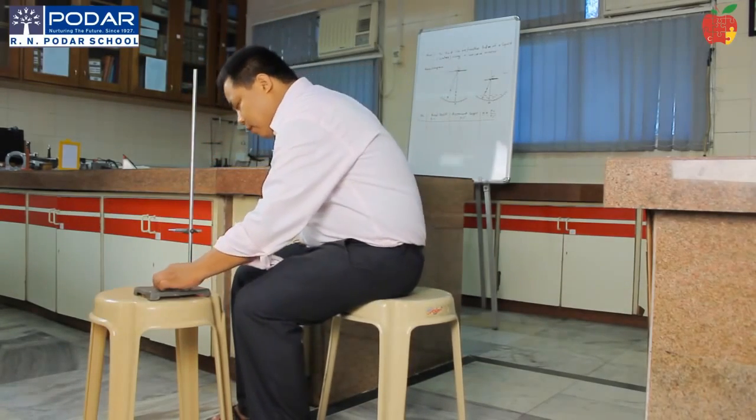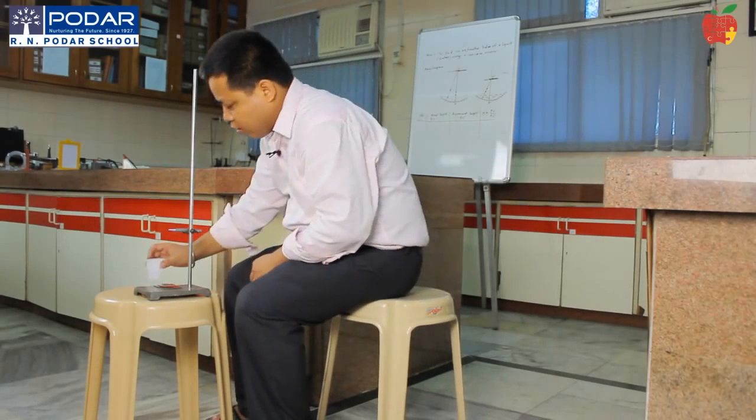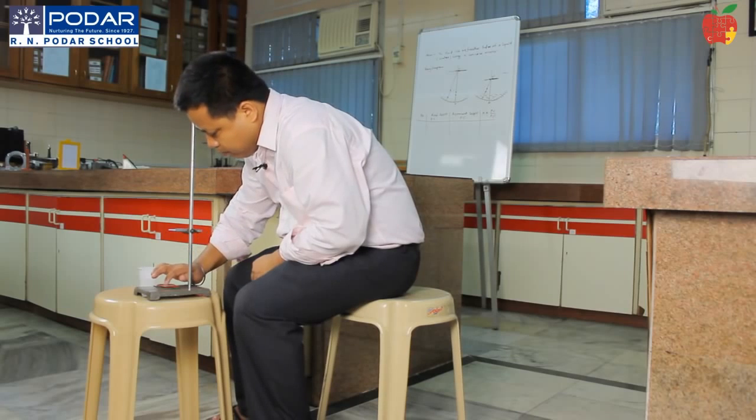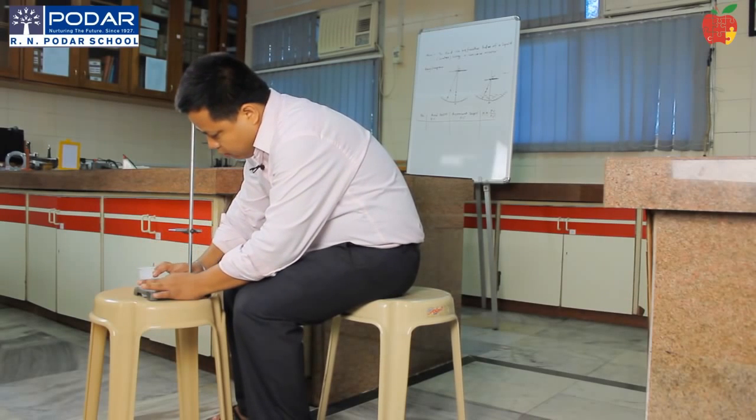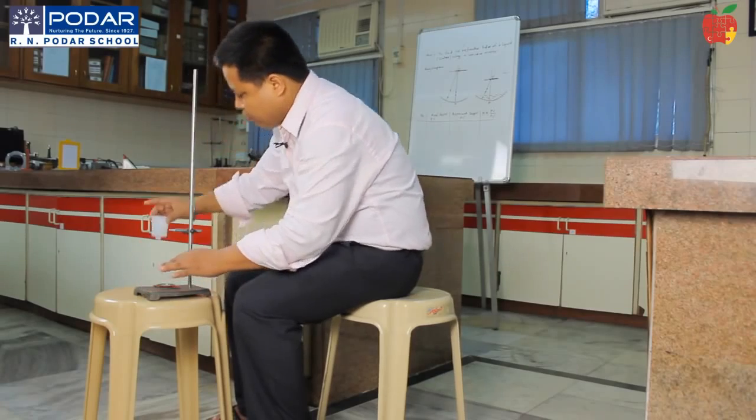Okay, so now I'll put some water on this mirror. Please make sure that you put very few drops of water over here on the mirror, such that a water layer is created on the top of the mirror. And once again I will repeat the same procedure.